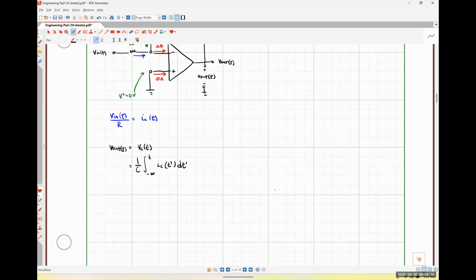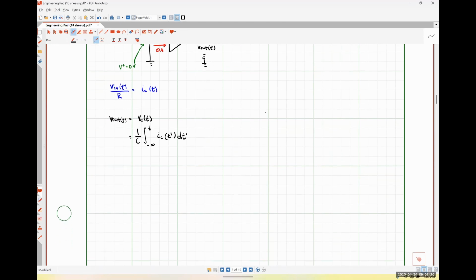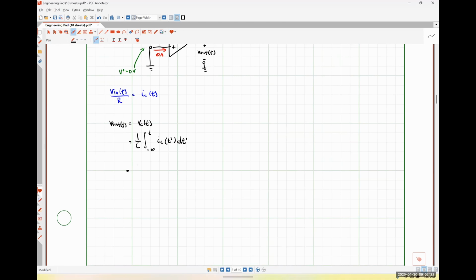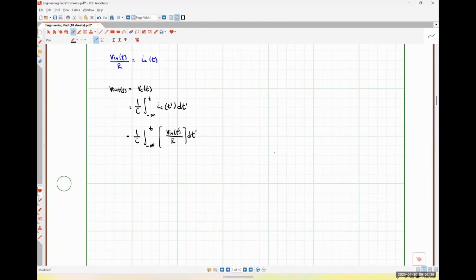And now we can substitute in our relationship for IC that we got by applying Kirchhoff's current law. And so that's going to look like 1 over C times the integral from negative infinity to t of Vin divided by R, and pulling that factor of R out. Sorry, those C should be CFs.